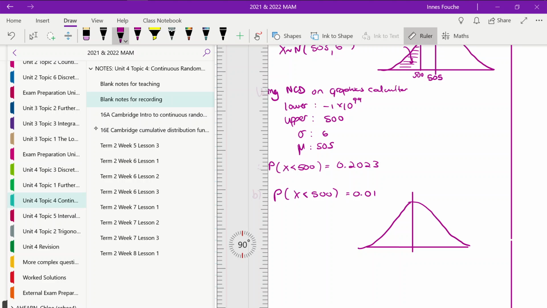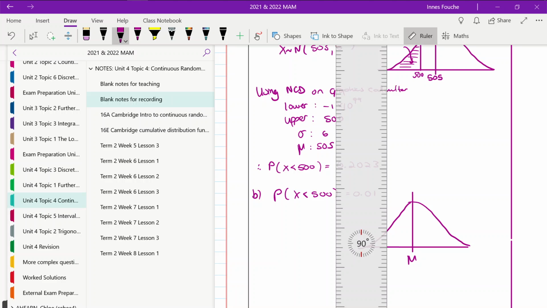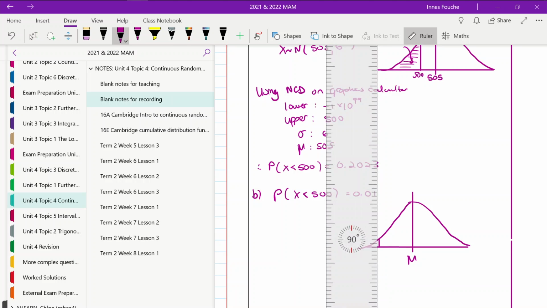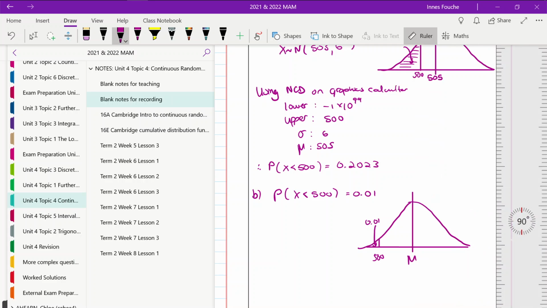So we don't know what our mean is. We just know that we're only looking for 1%. That's a tiny little area over there, but we've been given it. That's going to be 0.01, and we've got that value of 500. So we can use our inverse norm.